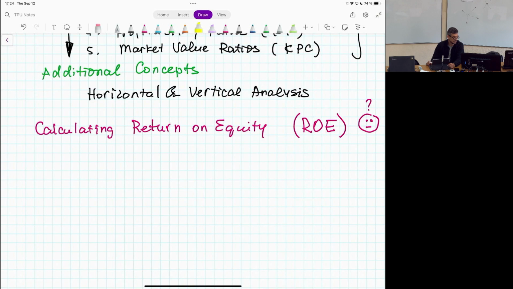So, what is return on equity? Let me put this phrase down. The return on equity is the measure.